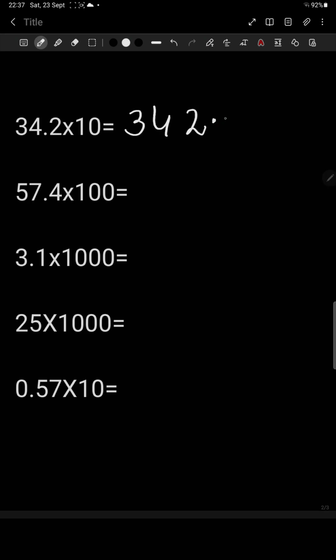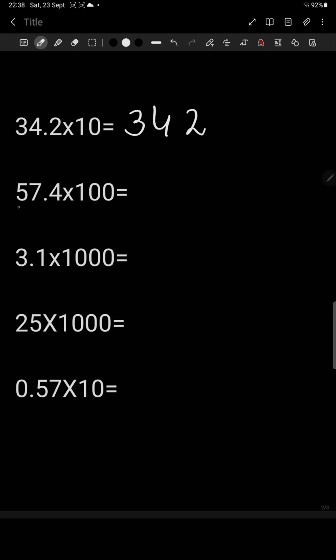There is nothing after the decimal, so we will remove the decimal, because there is no fractional part now. This is only the whole number. Now the decimal number has been converted into a whole number.